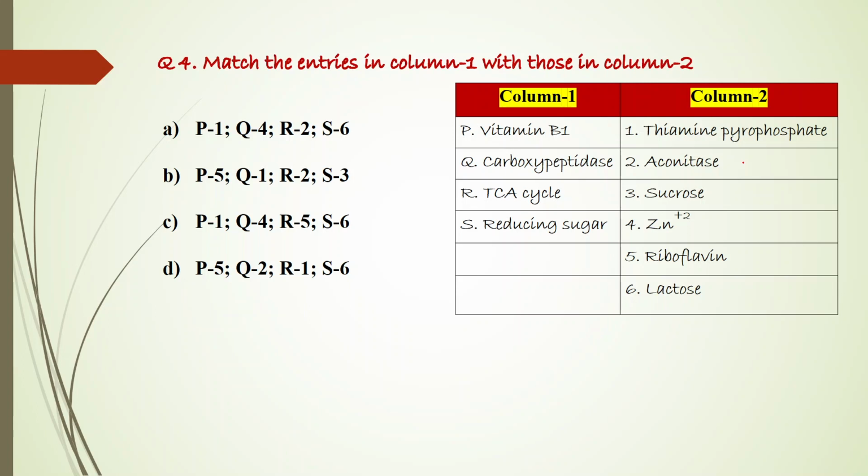P will match with what, Q with what, R with what and S with what. There will be two extra options left. Carefully match them and tell your answer in the chat box, and then I will discuss all those one by one. First try it out by yourself and match them according to your knowledge.